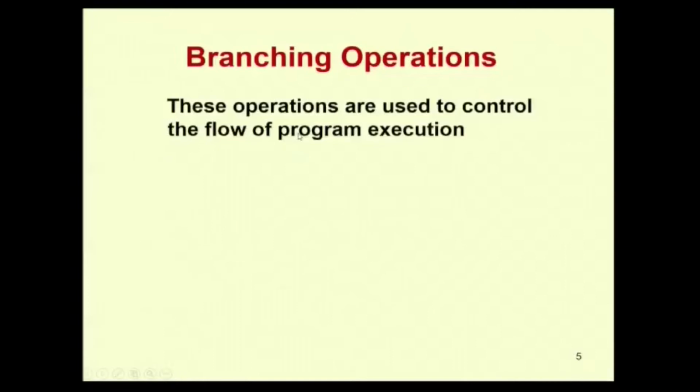So, instead of proceeding in this manner, the program can proceed like this, and then immediately jump to some other memory location and then again proceed. For this purpose jump instructions are used. In jump instructions there are two types. The first is the conditional jump.